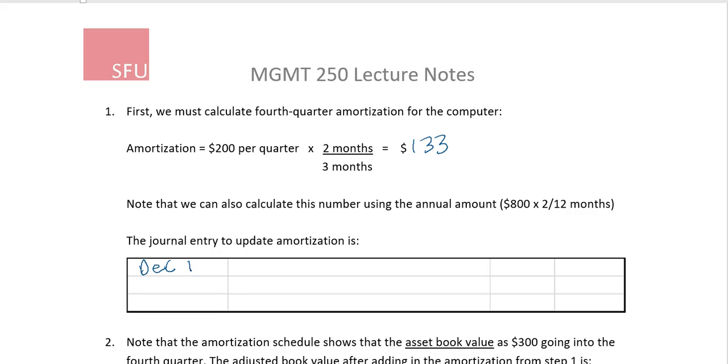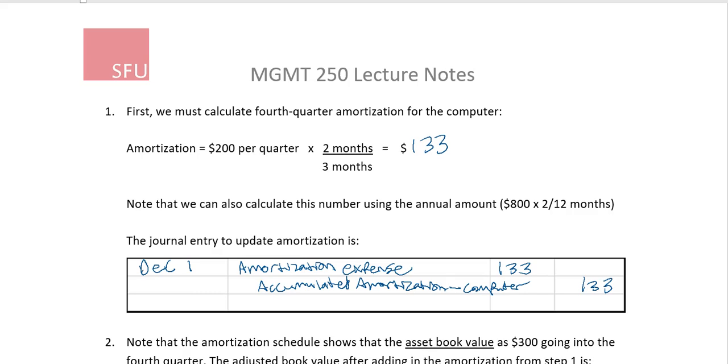So December 1st, amortization expense, 133, and accumulated amortization with a computer. Credit that for 133. So that's our amortization now up to date.